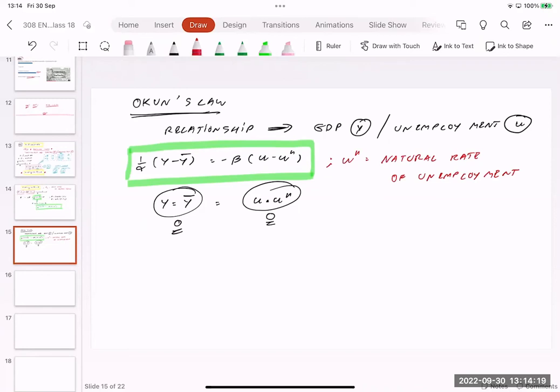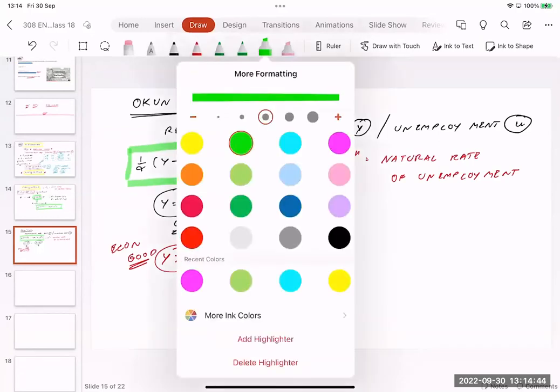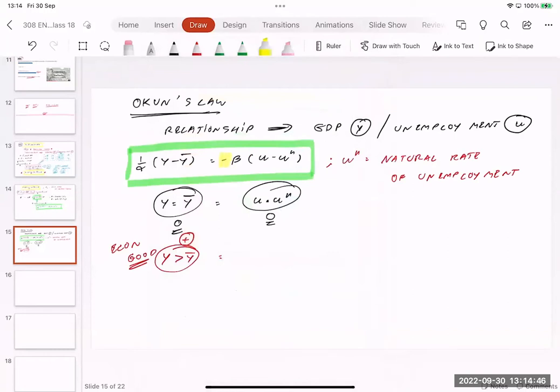On the other hand, if Y is greater than Y bar, this means the economy is very good. GDP is even greater than Y bar, the reference number. The left side of the equation is positive. Now focus on the right side. As you can see, we have minus beta in front of the bracket.